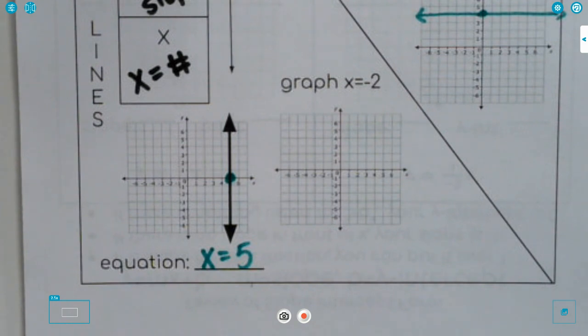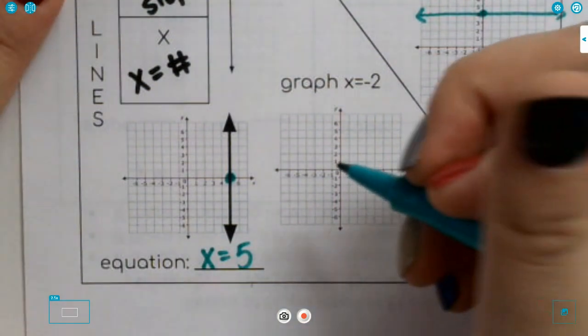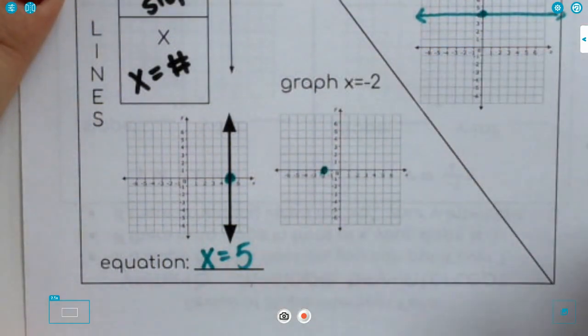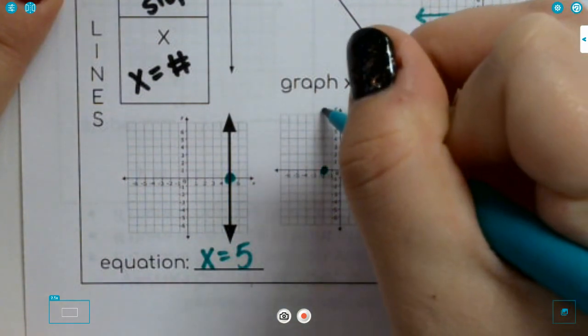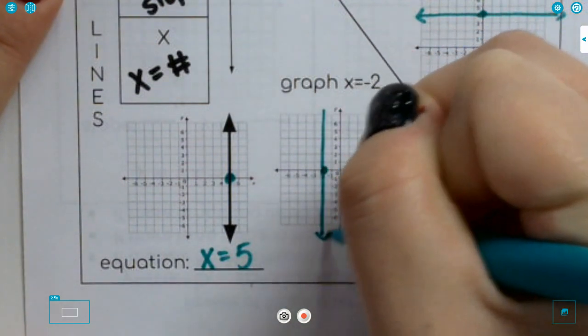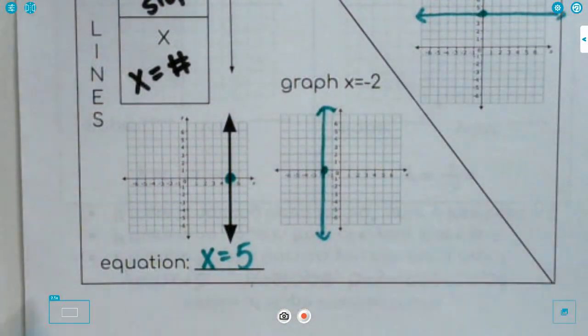The next one, if we are asked to graph x equals -2, when I see x equals just a number, I know I want it to be vertical. And so that's going to be vertical at -2. So -2 is right here. And then I go vertical through that.